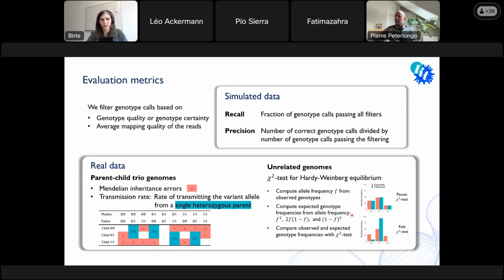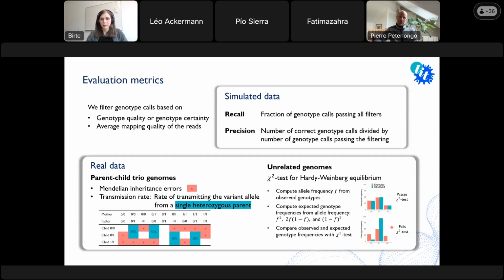Based on the allele frequency, you can then compute the expected genotype frequencies, and then you can compare the observed genotype frequencies to the expected genotype frequencies. And I'm showing this in this plot here, where you have in red the expected genotype frequencies, and in green, blue, I don't know what this color is, the observed genotype frequencies. And this would be a nice agreement here for a variant that is well genotyped, and this would be something that fails the chi-square test because the expected and observed genotypes differ a lot.